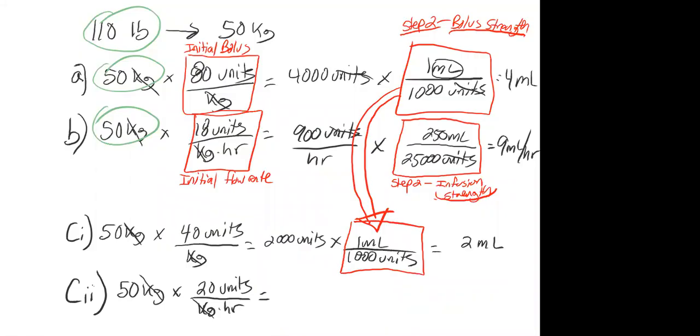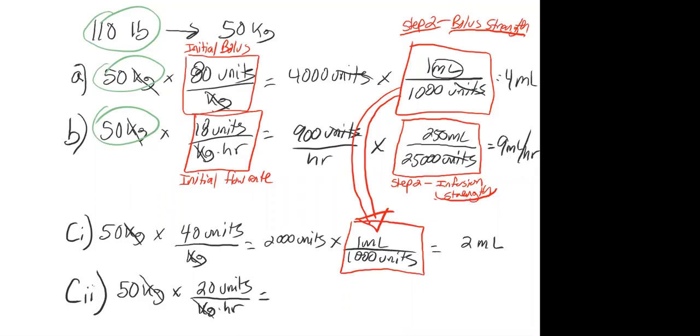And if you look at the other scenarios, it says increase by 4 units per kilogram per hour, continue current rate, decrease by 2 units per kilogram per hour, decrease by 3 units per kilogram per hour. Those are just what you would do. You just follow it, but it would always be based off of what you started, which is the 80 units per kilogram bolus and the 18 units per kilogram per hour flow rate.